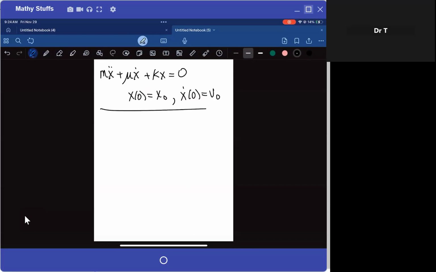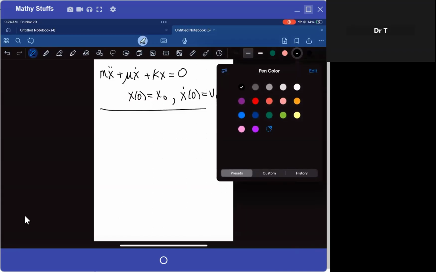So I want to convert this into a system of two first order equations that are woven together in such a way that all this information is encoded. And the way I'm going to do that is I'm going to introduce a new variable, in a new color.